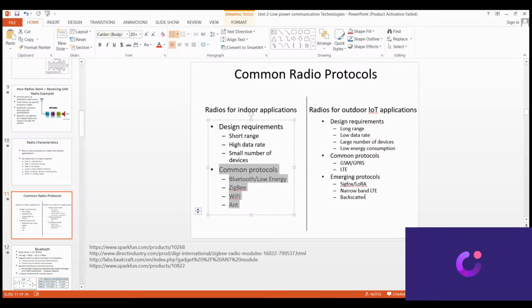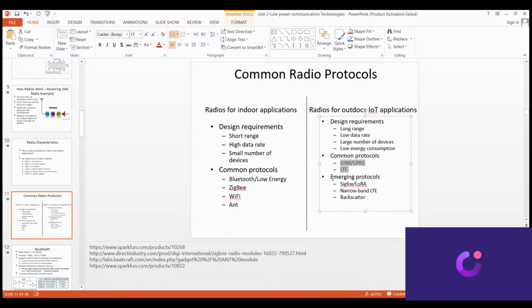Then for common outdoor application, you have what we call GSM, GPRS, as well as LTE. These are the protocols that you can find for outdoor applications.